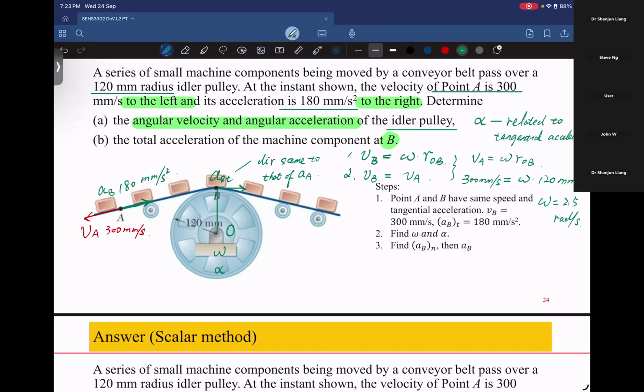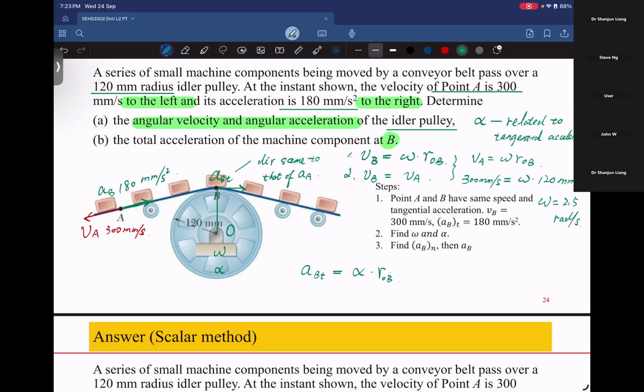Magnitude is 180, right? So for the acceleration, we have such an equation. ABT is alpha times ROB.